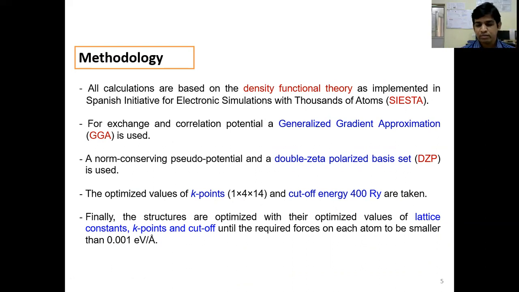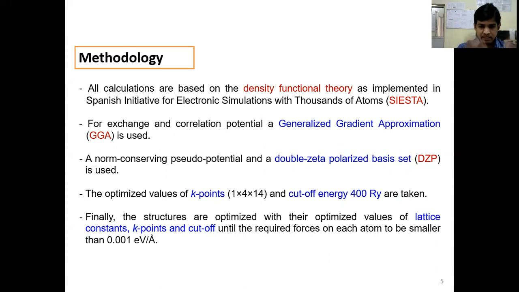So these three parameters are optimized first of all. Optimized means when the system is in an equilibrium position, what will be the values belonging to the energy, the k-points, and the size. After getting these three values, the whole system is optimized.